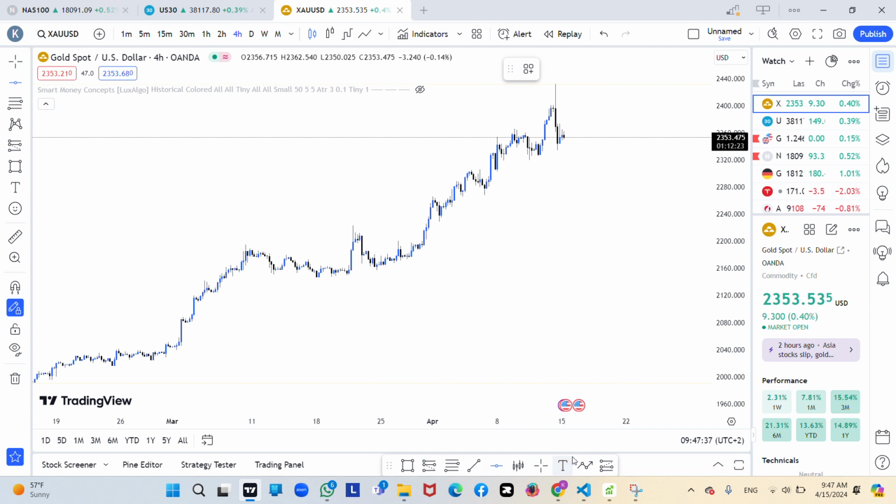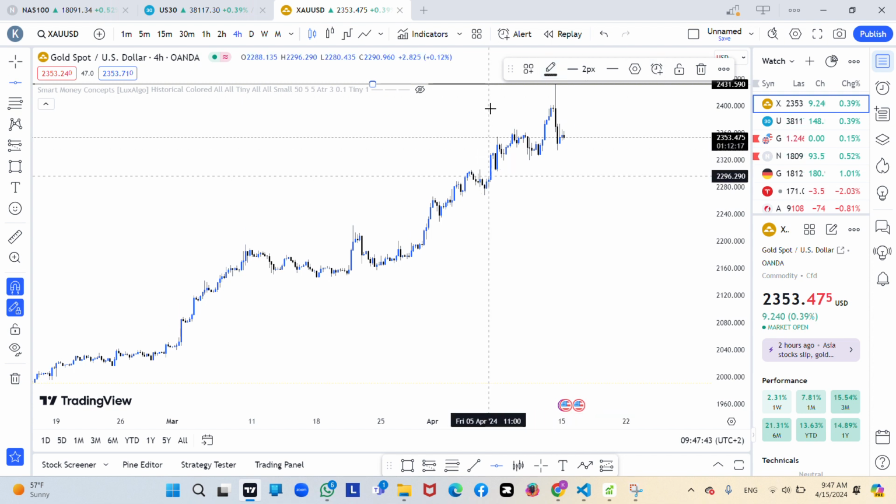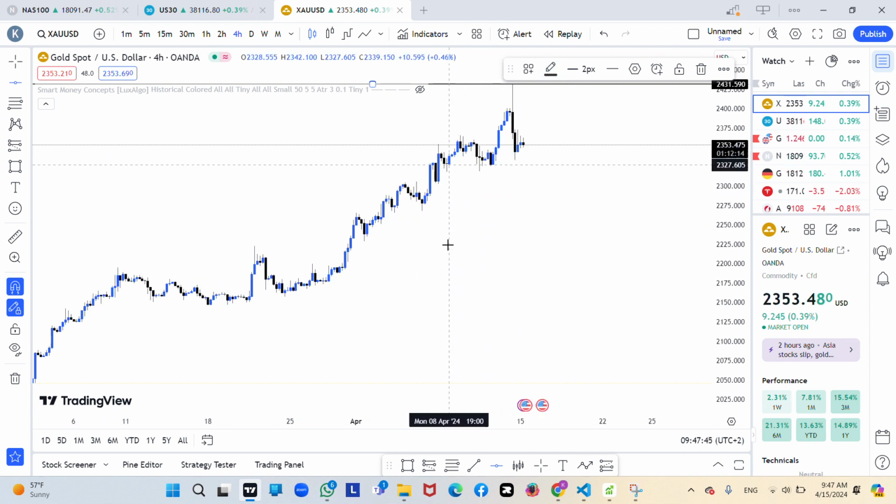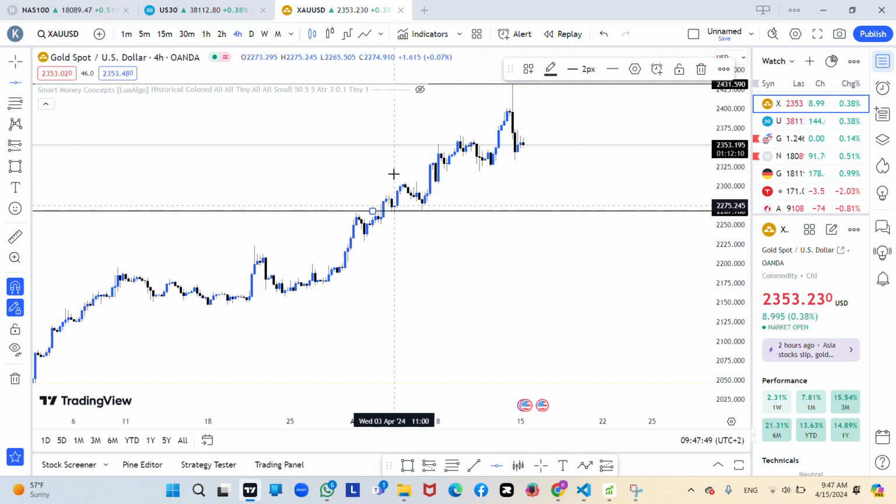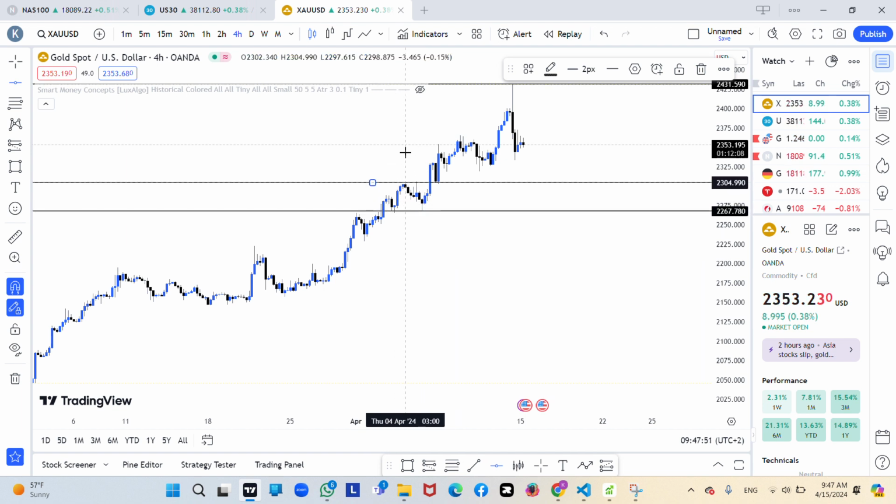Let's identify our highest point. In fact, we mark where the market touched and the market reverses.